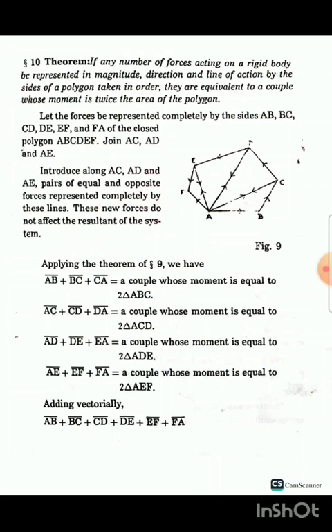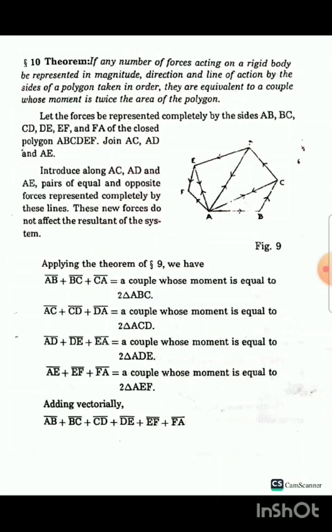AD vector plus DE vector plus EA vector equals a couple whose moment is twice the triangle ADE. The next one, AE vector plus EF vector plus FA vector, equals a couple whose moment is twice the triangle AEF.